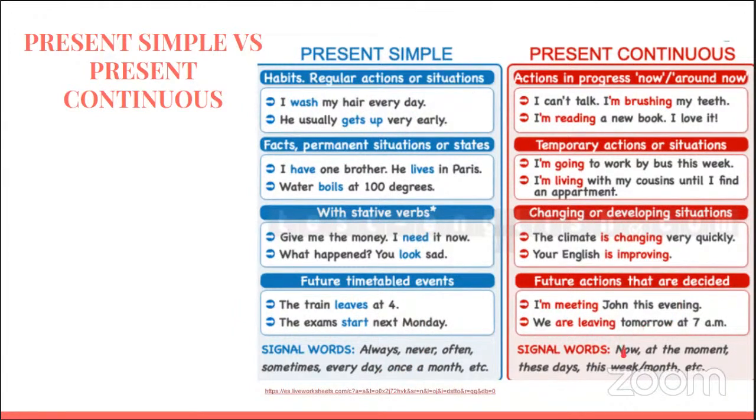And whenever you see now, at the moment, these days, this week or month, or even this year, etc., you're talking about the present continuous tense. And remember, also, present continuous uses the verb to be. Simple present tense doesn't use the verb to be. It uses only verbs, without the verb to be.